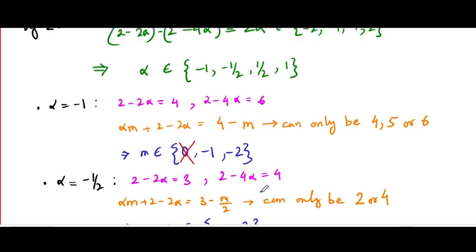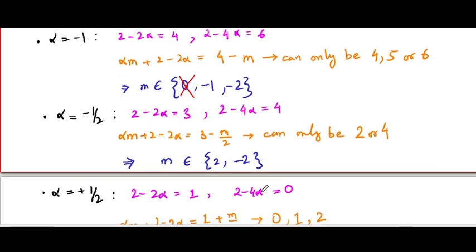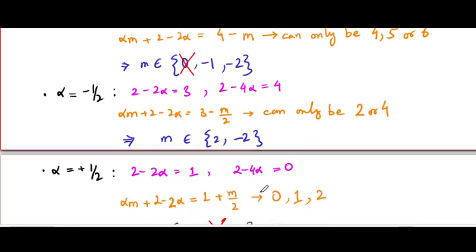And that means that the only allowed values of m given this particular substitution, which allows solutions in sines and cosines, are 2 and minus 2. Note minus 2 is making an appearance here as well. Alpha equals half proceeds in exactly the same fashion. Here 2 minus 2 alpha is 1 and 2 minus 4 alpha is 0.